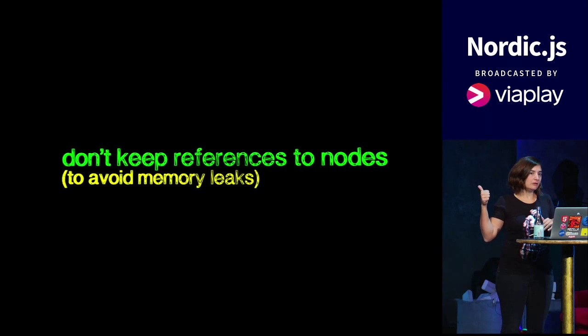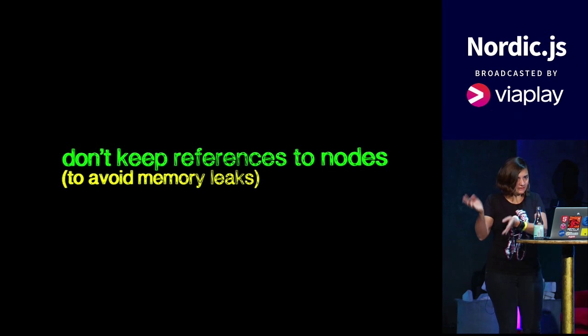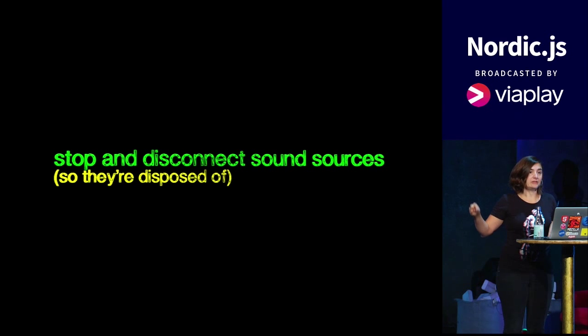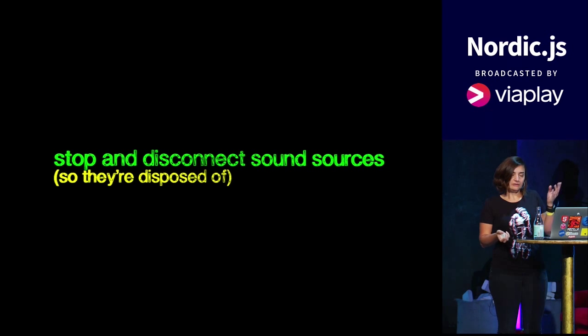So tricks: don't keep references to nodes. Once you're done, just set whatever reference you have to null. Like if you have an oscillator, say oscillator = null, so the garbage collector takes care of that. And also, make sure to stop and disconnect oscillators, because if an oscillator is disconnected but still playing because you haven't stopped it, web audio has an idea that you might want to connect that thing later.